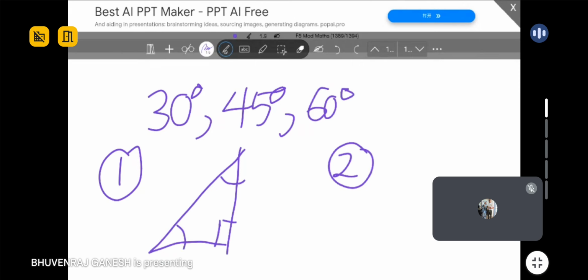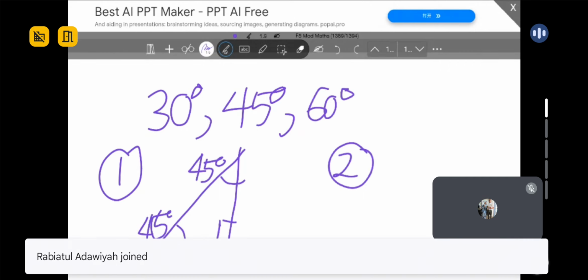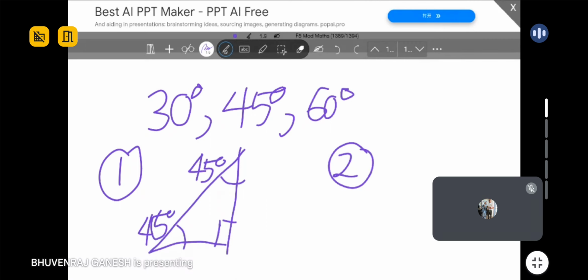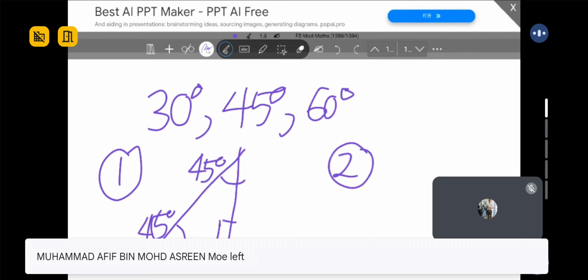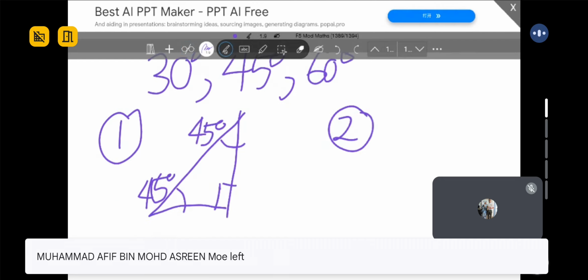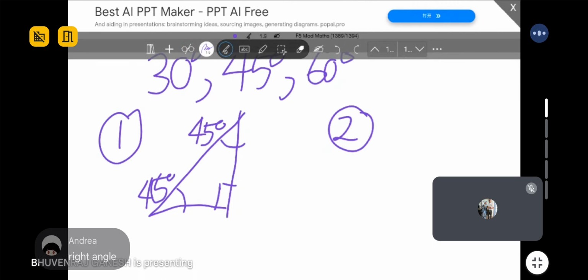Dia adalah sama nilai. Okay, so basically the value is 45, 45. Okay, so this is the first type of triangle. What is the name for this type of triangle, guys? Apa nama kita bagi untuk segitiga macam ni? Yang pertama, siapa tahu? What is the name? Beside right angle, another name.